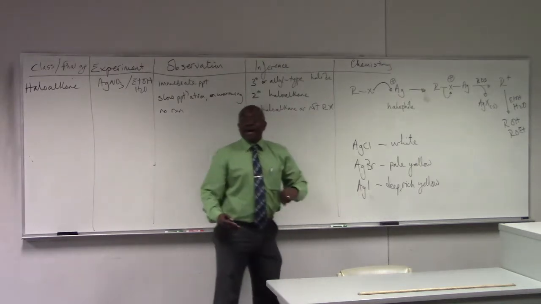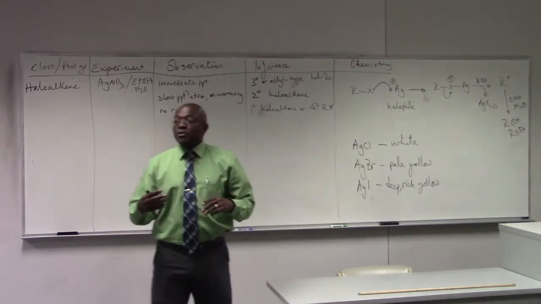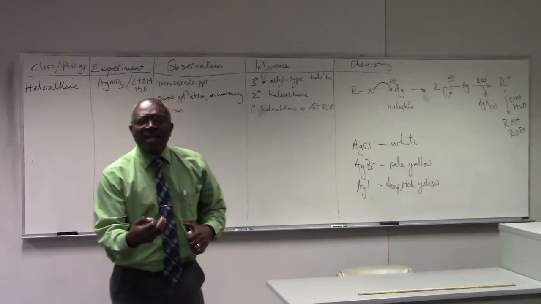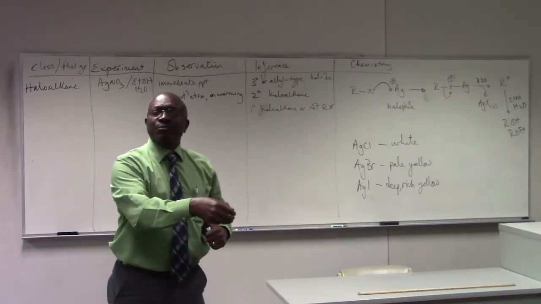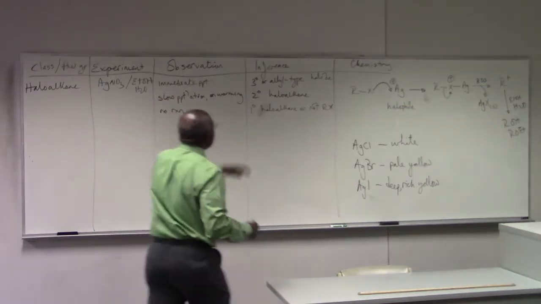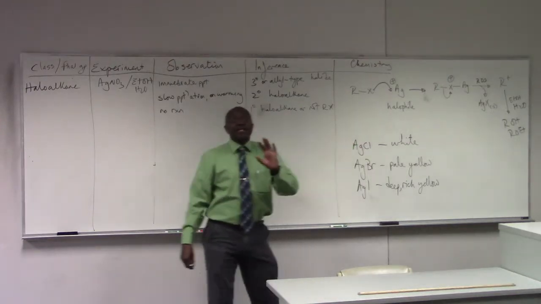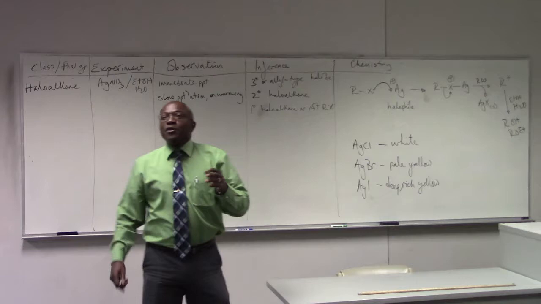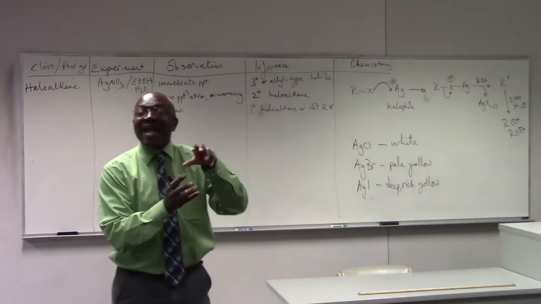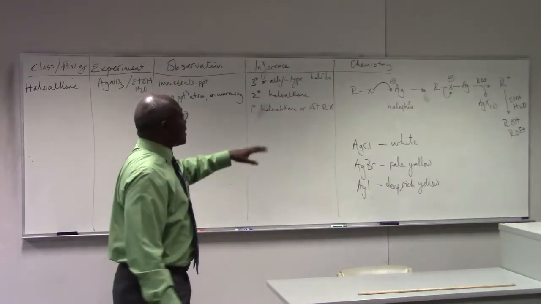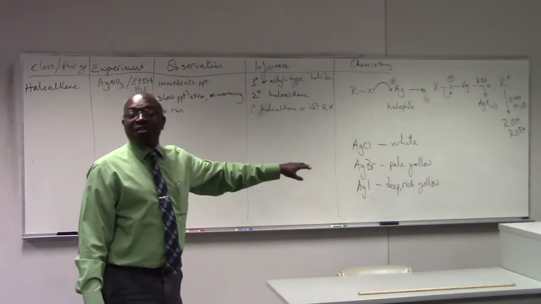Right? If I add ethanolic silver nitrate to an unknown, and with warming, it gives me a white precipitate, well, I know that's a secondary chloride. So this test allows me to identify not just the character of the alkyl group, but also to identify what the halogen is attached to the alkyl group.